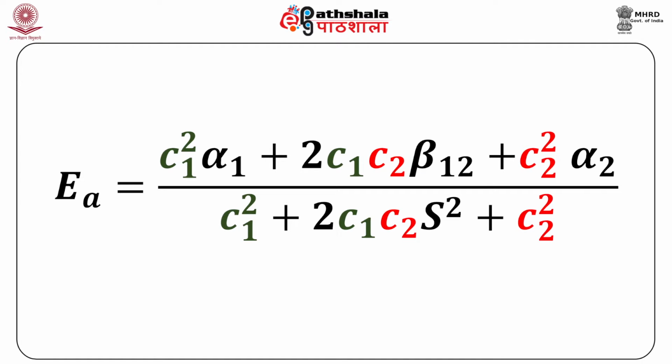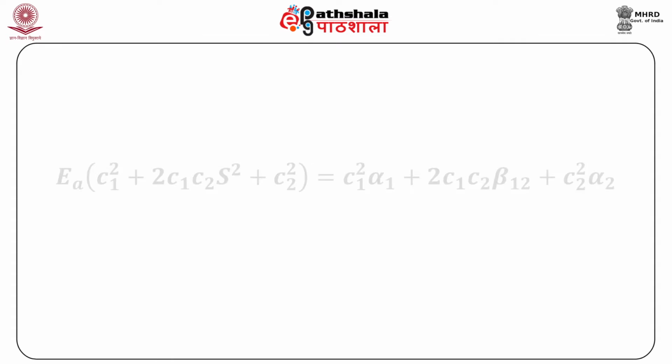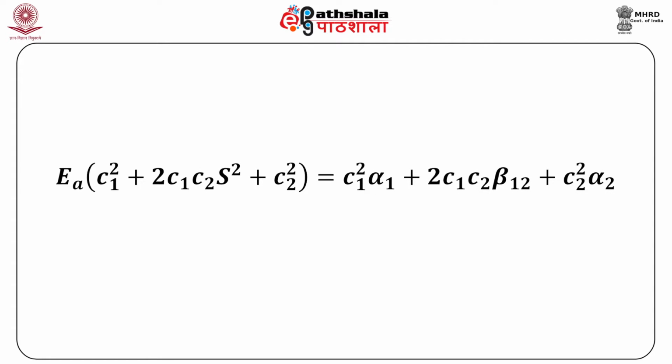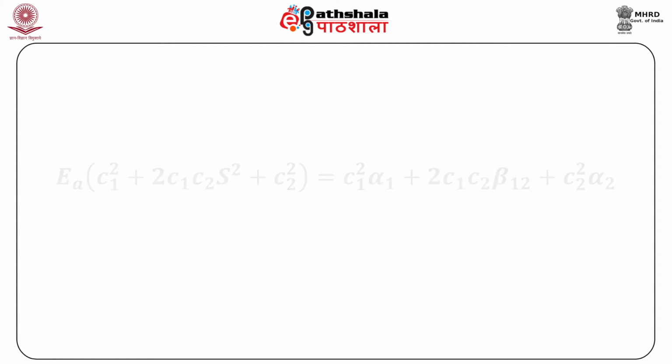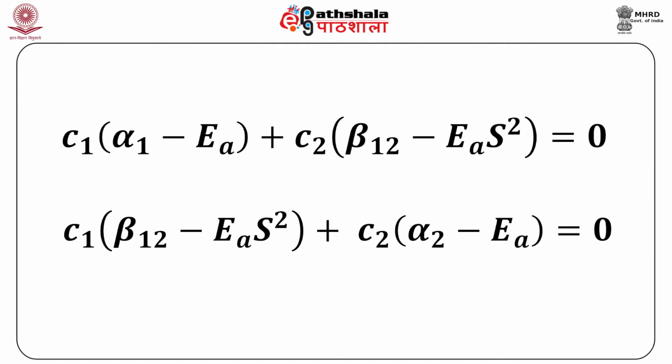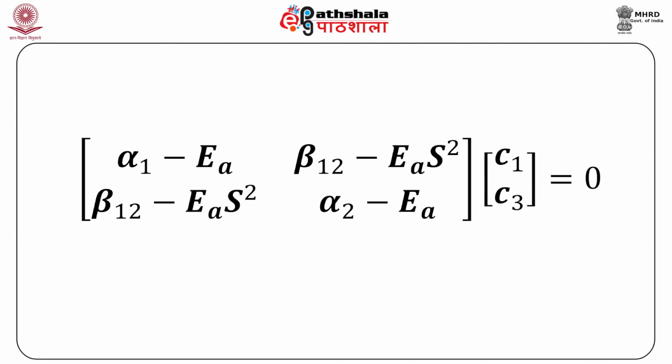Now one can further solve this, and if we rearrange this equation, as you will see we have done here, and then differentiate with respect to the coefficients, one ultimately gets the corresponding secular equations, which can be written in the form: on the left hand side we have alpha 1 minus EA, then beta 1 2 minus EA S square, upon beta 1 2 minus EA S square, upon alpha 2 minus EA, then we have C1 and C2.